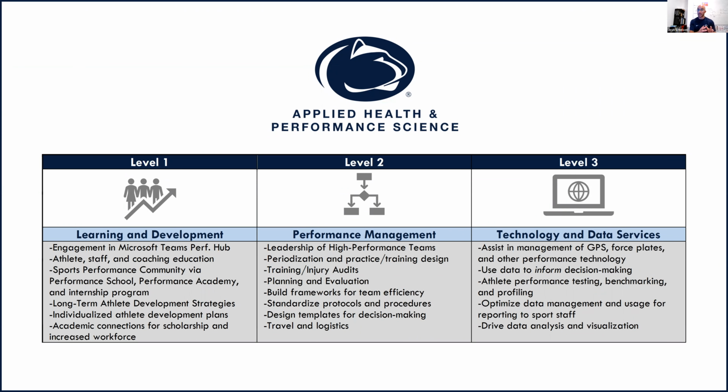The next level, level 2, is all about management of performance, finding repeatability in scheduling, templates from a training standpoint to a planning standpoint, annual plans, block plans, daily plans, anything like that. Overall training audits, things like that, performance management. And then level 3, we want to create objectivity so that we can make decisions based upon what we're seeing within our athletes. And we call that technology and data services.